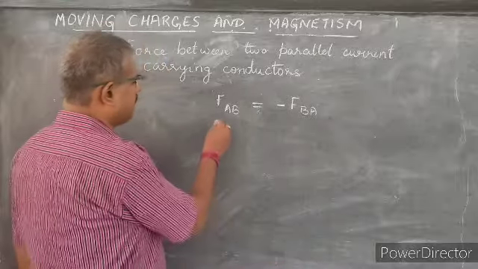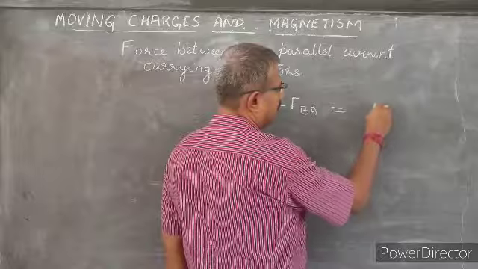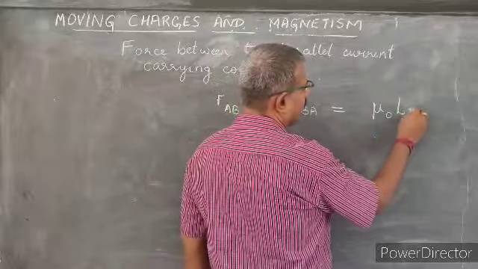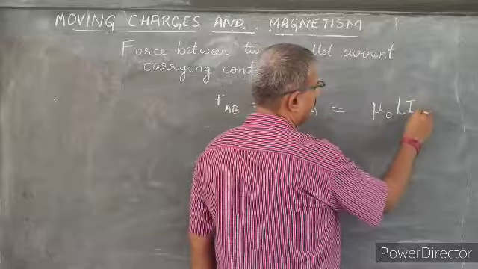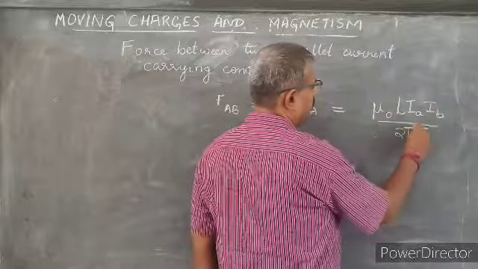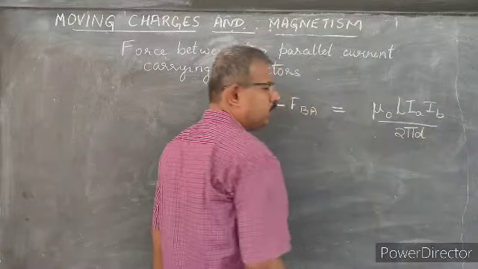And we also arrived at the common expression on the right hand side, which turned out to be mu naught L Ia Ib divided by 2 pi d.